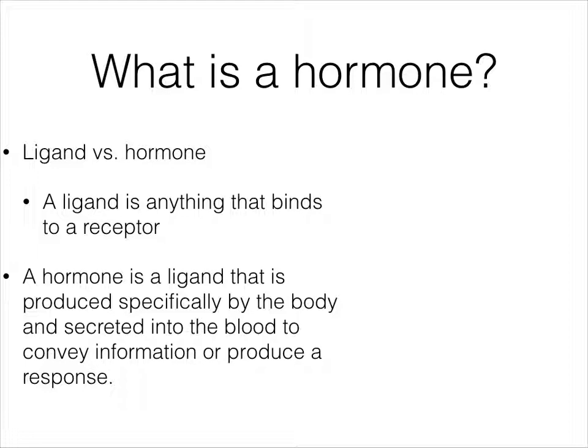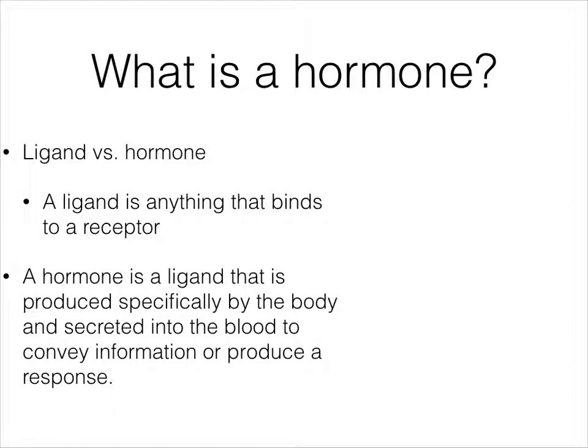Hormones are ligands that are specifically produced by the body to convey a specific signal. And hormones are usually secreted into the blood and convey information through the blood over long distances to produce responses.